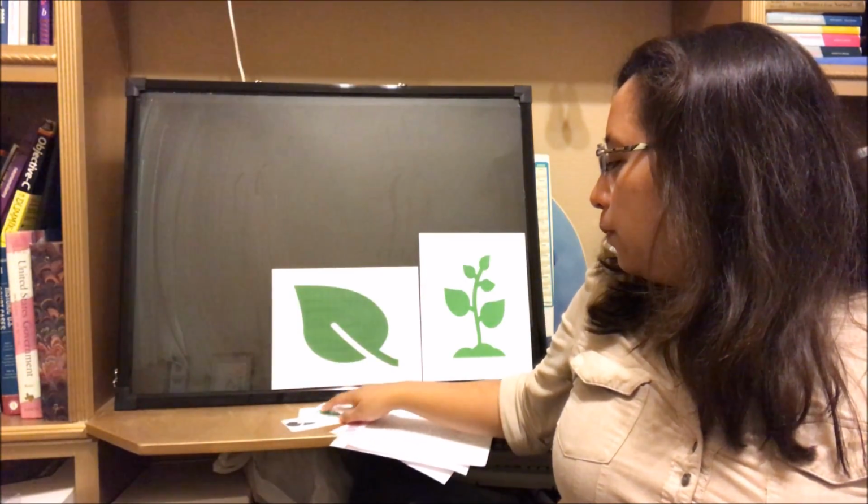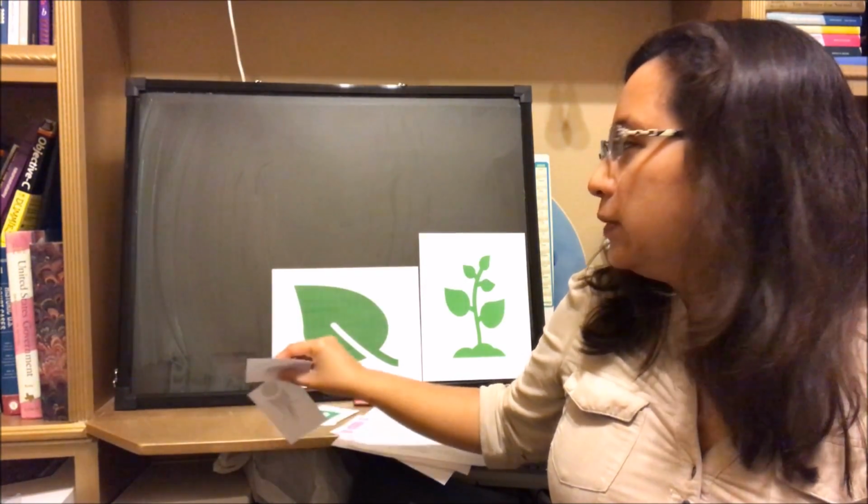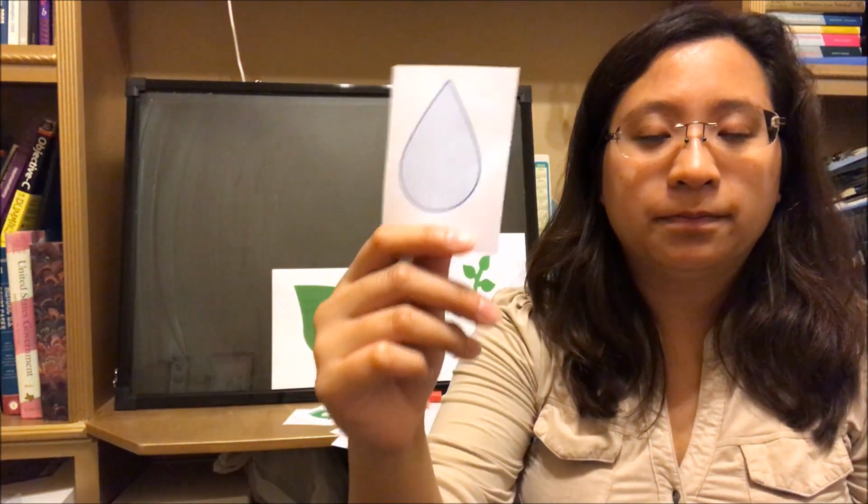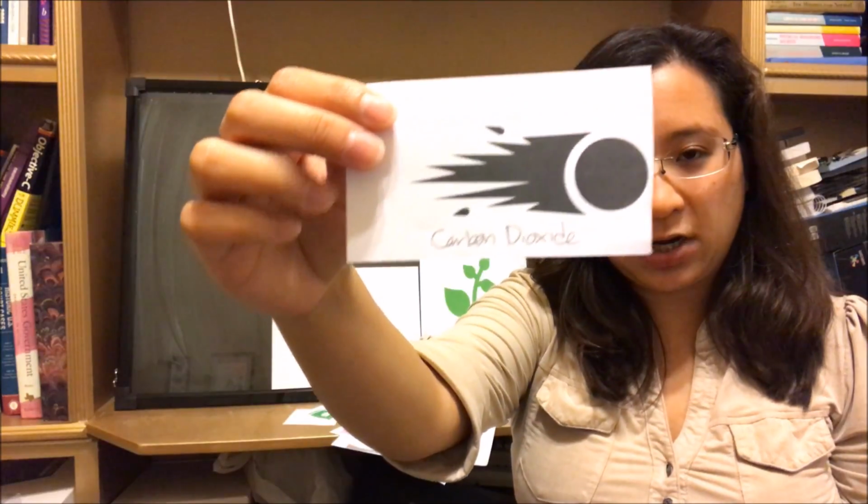Now, we need to point out the things that photosynthesis needs. Photosynthesis needs a light source, like the sunlight. It also needs water, like what you would drink. And it also needs carbon dioxide.